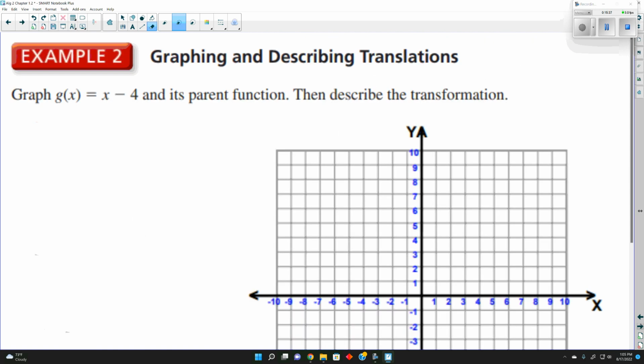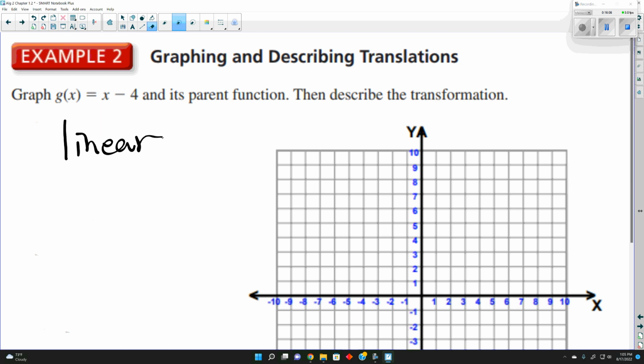Okay. This here is the first one that we're looking at. All right. So what is its parent function? Linear. Because we do have x, so it's not a constant, and it doesn't have an exponent or absolute value bar, so it's going to be linear.